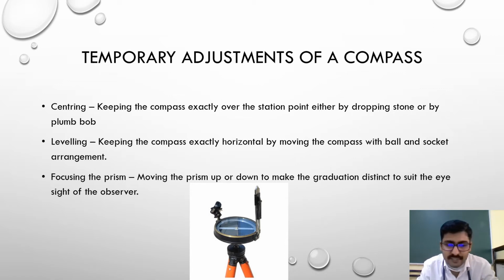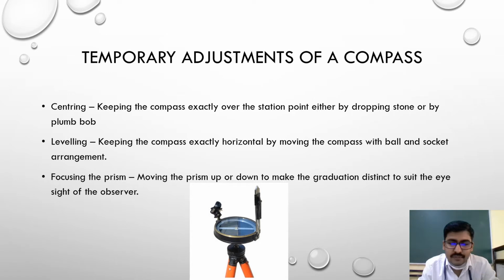To read that, you look through a small opening provided at the bottom of the prism slit. You may not be able to read it properly because of your eyesight, so moving the prism up or down will help make the graduations very clear and distinct, so that you can easily read them.